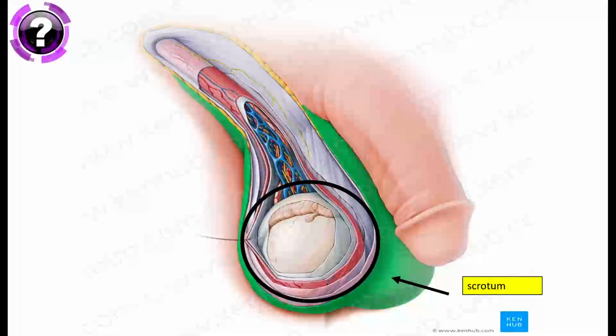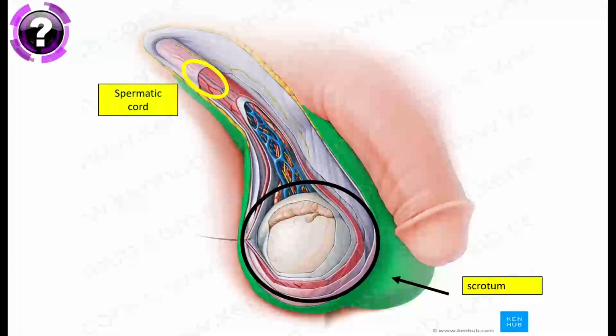And why should it be in a cooler environment? Because this is what development of the sperms requires. It requires lower temperature than that of the core of the body. And the testis at the bottom of the scrotum is connected to the body through a cord called the spermatic cord.